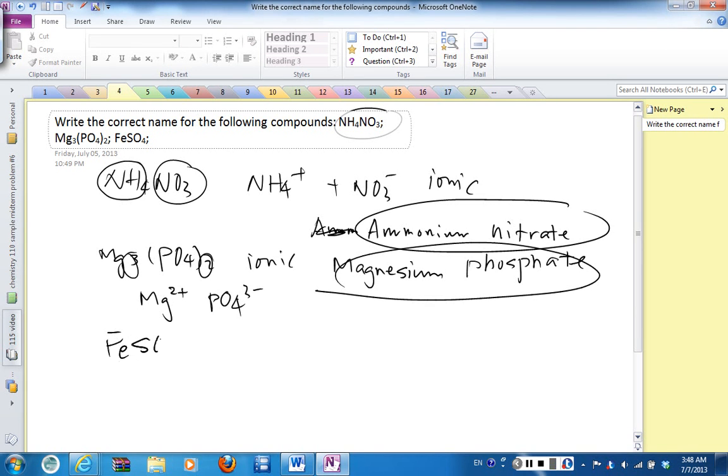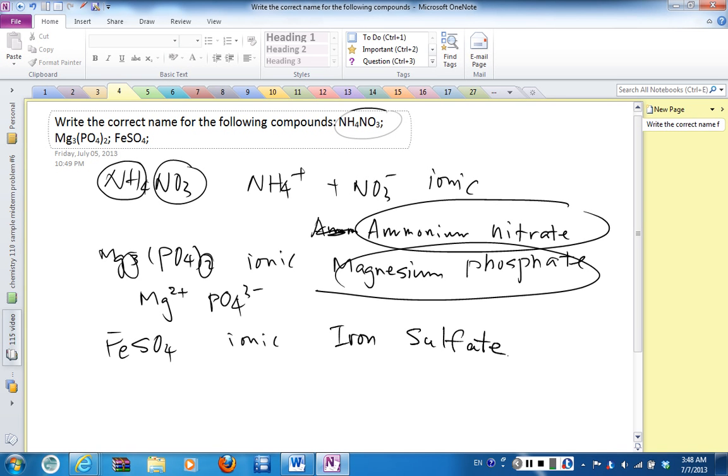Last one, FeSO4. Again, with metal iron up front, this is an ionic compound. Iron, sulfur, 8. Oh, wow, that was pretty easy.